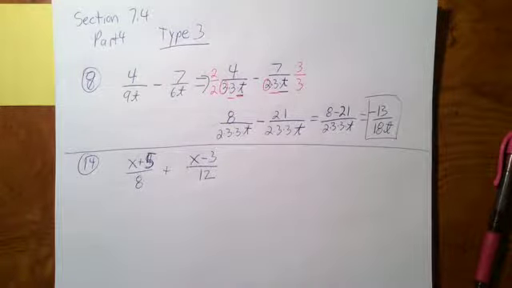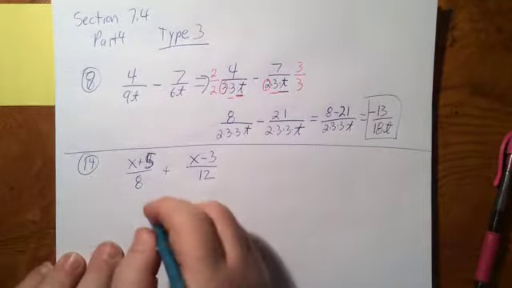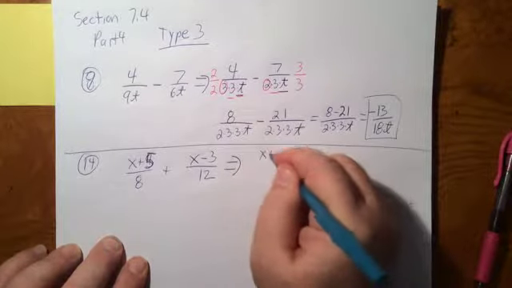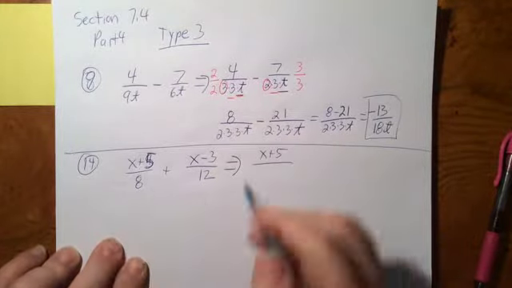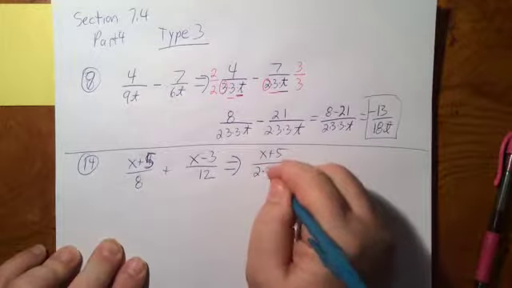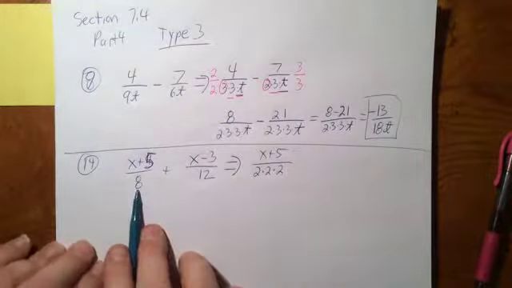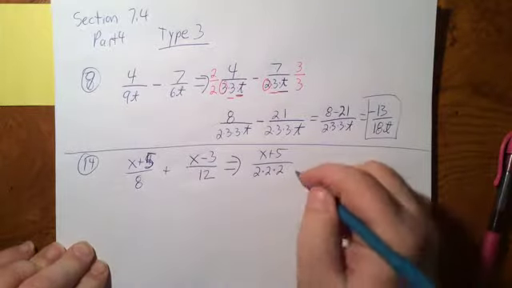Again, in this question we're going to rewrite the denominators in their prime factored form. So x plus 5 over 8 is 2 times 2 times 2. You can do that with a factor tree, as I've shown in previous videos.